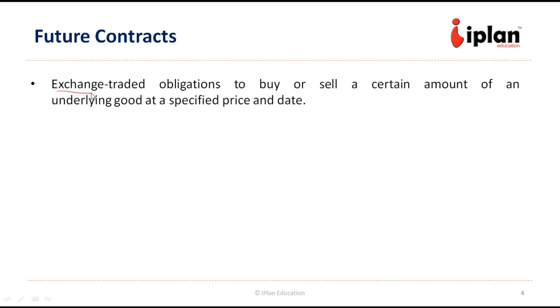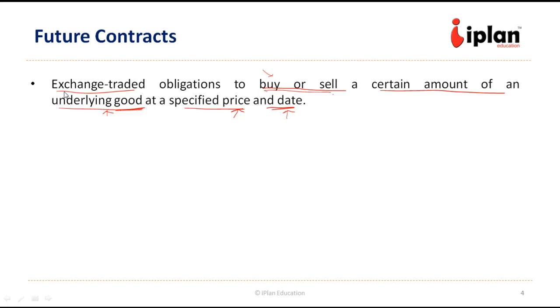These contracts are basically exchange-traded obligations to buy or sell, depending on the position, a certain amount of an underlying good at a specified price and date. So the price will be given in the starting itself, the time of delivery will be given, the quality and quantity of the underlying, it could be equity or commodity, and then the position.